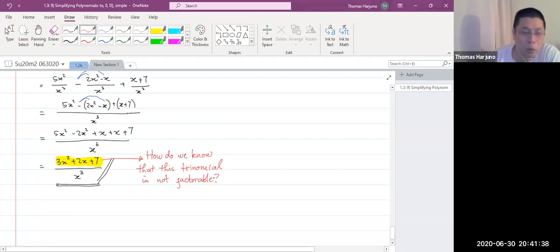The answer is I borrow something from our quadratic topics that we're supposed to cover in chapter 2 or maybe chapter 3: the discriminant has to be a square number. The discriminant is b squared minus 4ac. If it is a square number, then it is factorable.